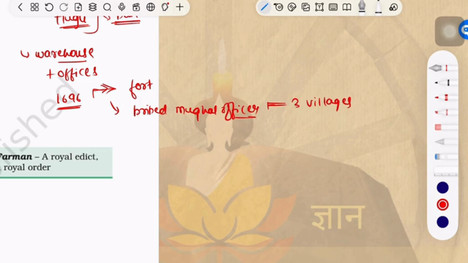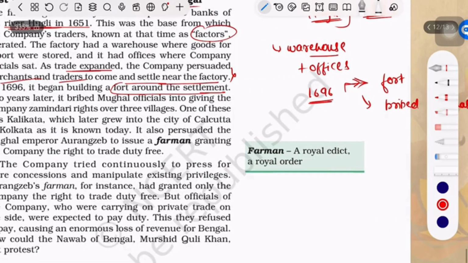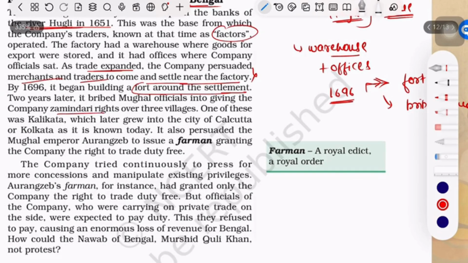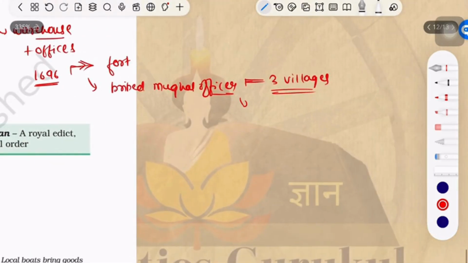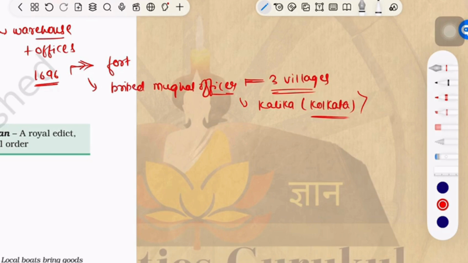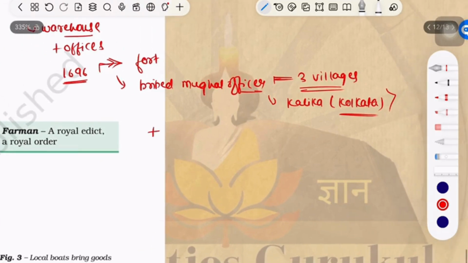Why? Because they just wanted more and more revenue. And if they are getting zamindari rights over three villages, one among them was Kalikata, which is today's Kolkata. So you can understand this Kolkata was very important from that time onwards. Then, see, fort construction done, then bribed to get three villages for revenue.